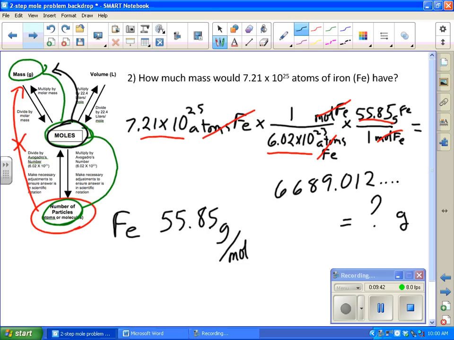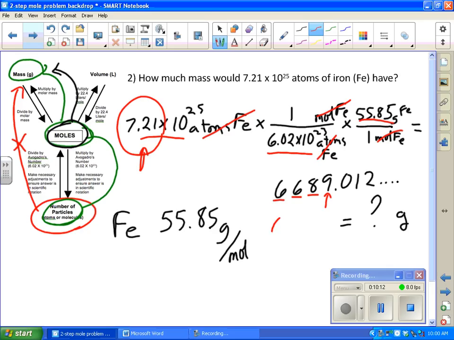And at this point, we'll need to look at the number of significant figures we need in our answer. Our initial measurement of atoms contained 3 significant figures, so our final answer also needs to contain three significant figures. So we will want to keep these three digits in the places that they are located. The digit next to the 8 is a 9, so we need to round up.